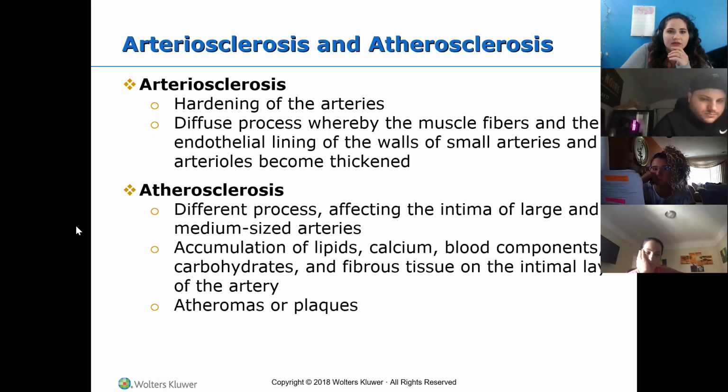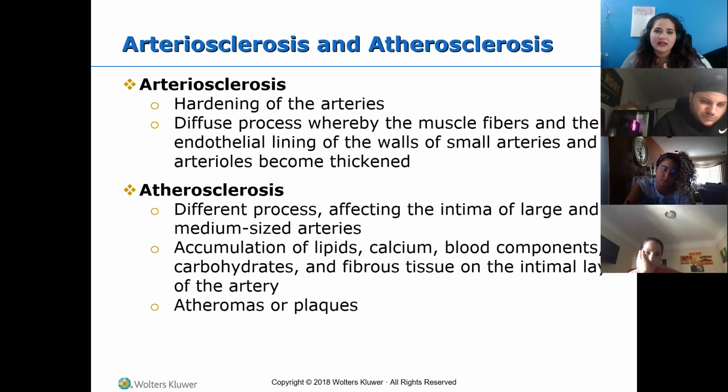Okay, arteriosclerosis and atherosclerosis. Arteriosclerosis is a hardening of the arteries, a diffuse process whereby the muscle fibers and the endothelial lining of the walls of small arteries and arterioles become thickened. Then you have atherosclerosis.